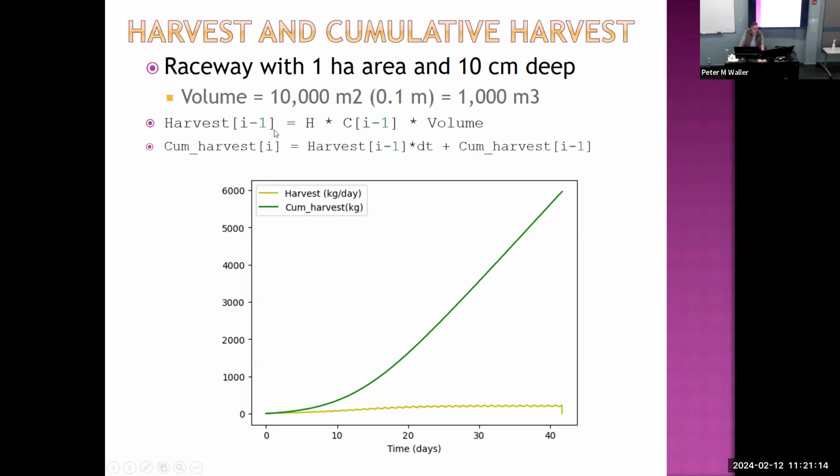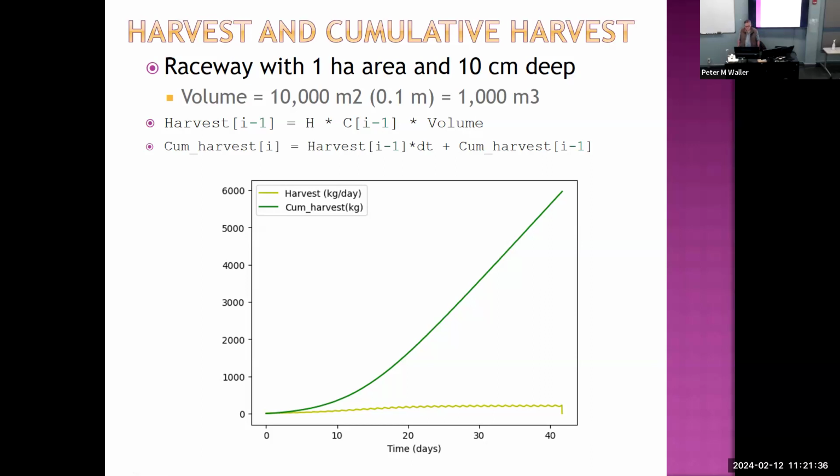So we add 2 more lines to the code where we calculate our harvest at each time step, our harvest rate. That's what this harvest is, which would be kilograms per day. And that's why I don't have to multiply times dt in this equation. I have H, my harvest rate, times my concentration, times my volume, the volume of my reactor.